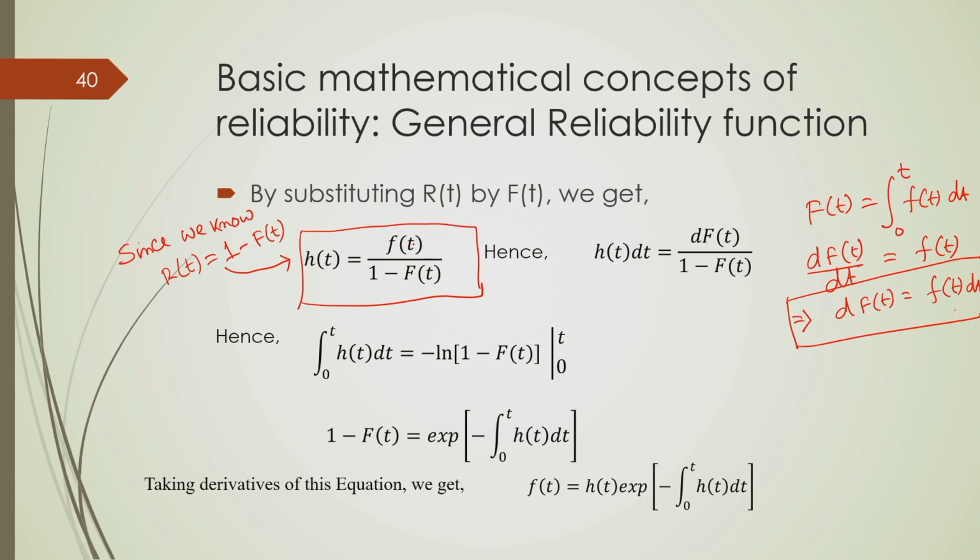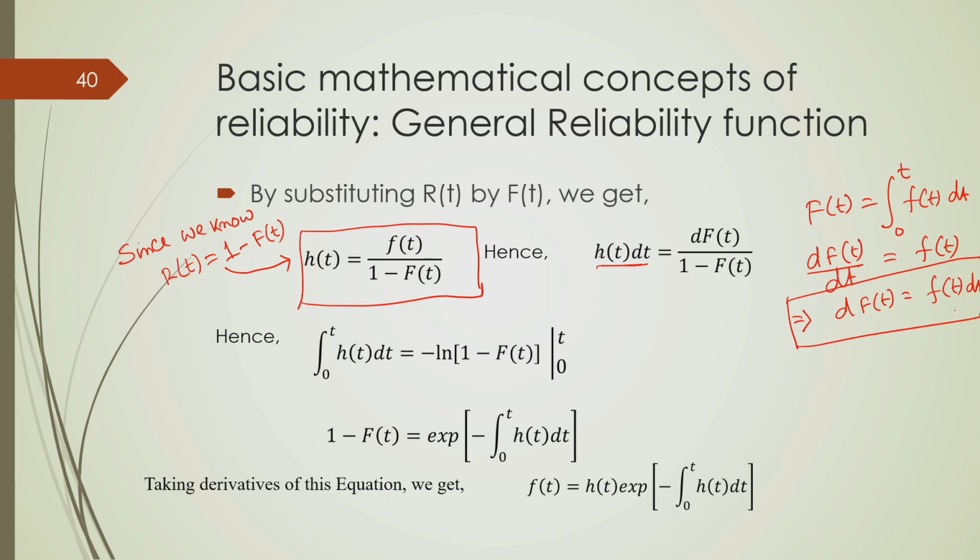Now, we replace this small f(t) with dF(t) over dt, so this dt is placed on the left hand side.